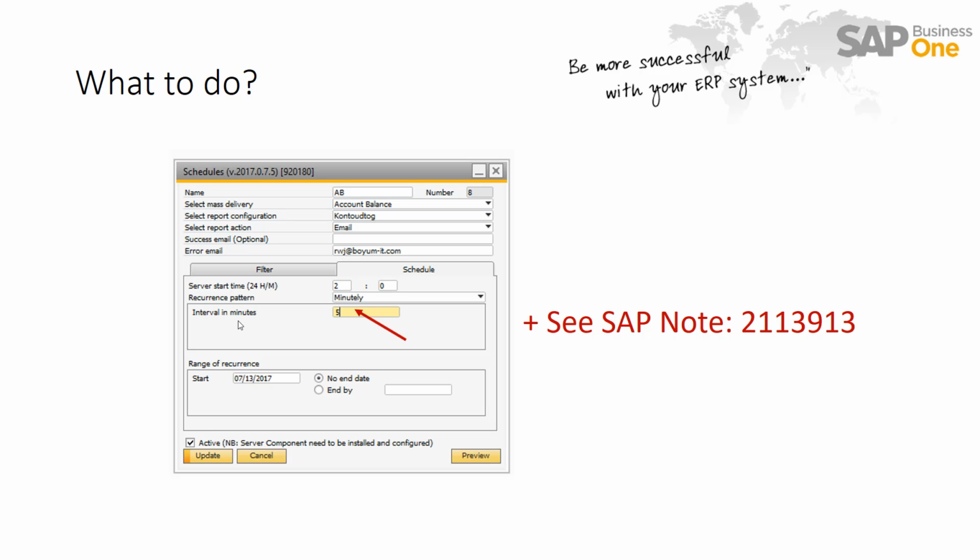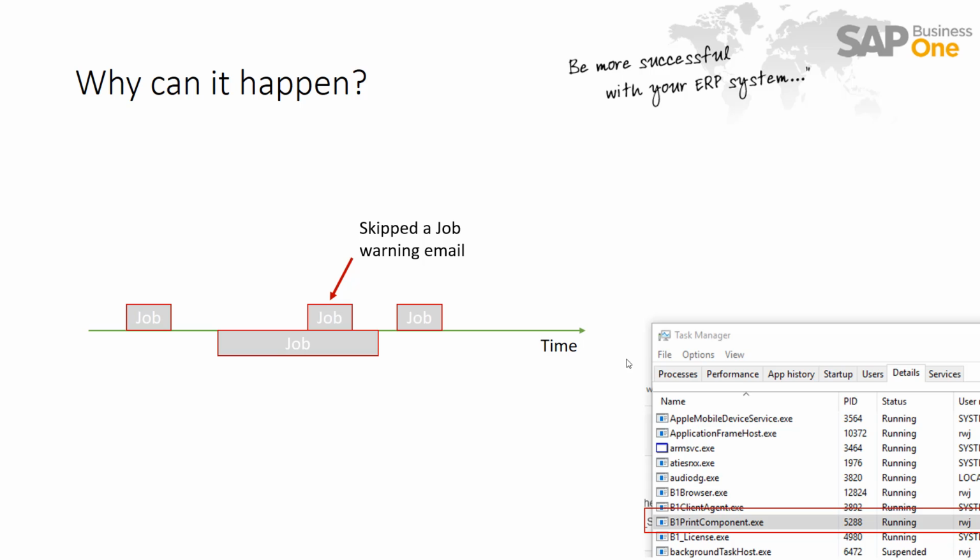One other thing is I would recommend you see this SAP note, because we have seen, due to an SAP bug that this note describes, that if it runs for a very long time on a server, these can begin to take longer and longer every time you do it. That's due to a bug in SAP's DI API log system, where the more logs there are, the longer this takes.